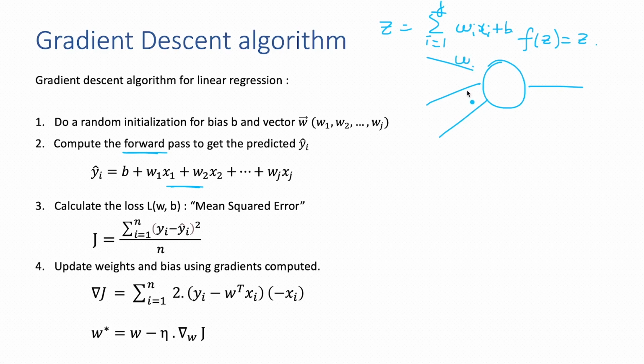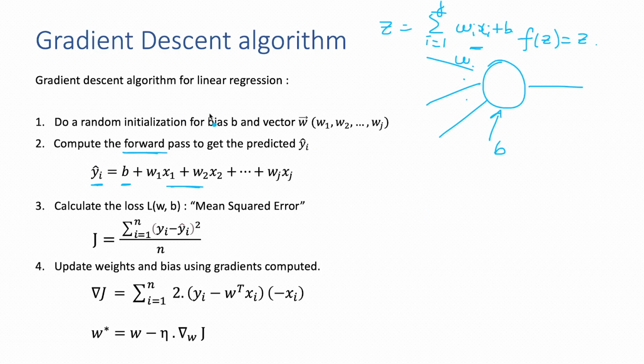So every single input that's connected to this particular neuron from its preceding layer had a weight associated. We have an additional bias associated with this neuron as well, which is given by this weighted sum of inputs as well as the bias here. So this is your predicted y value, which is z. F of z is going to be z itself since it's a linear activation function.